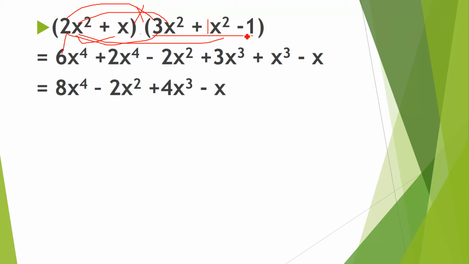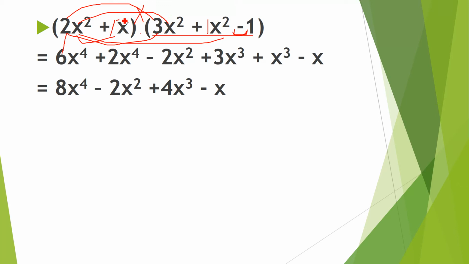And then this is minus. You should be very careful with the sign of negative in algebra. So negative 2x square. Now you have to multiply with positive x. It does not have any coefficient, it means it is 1.